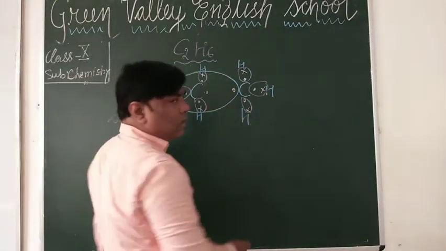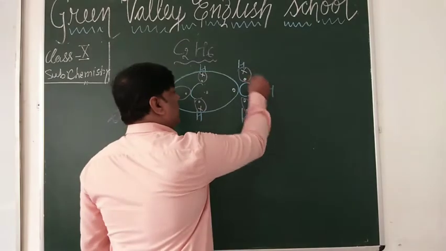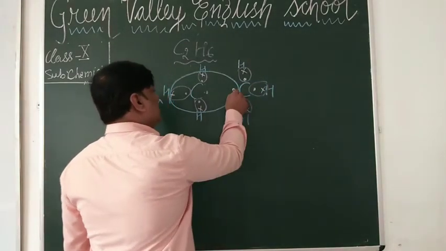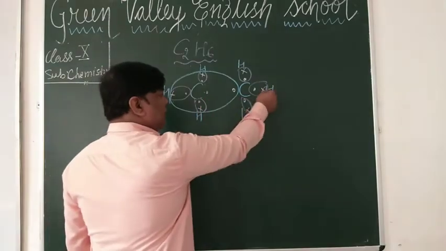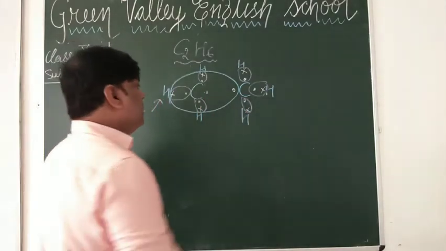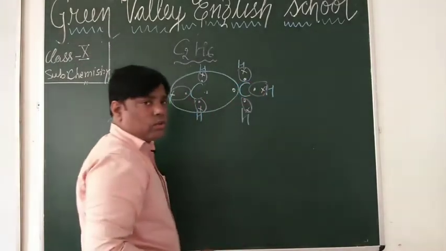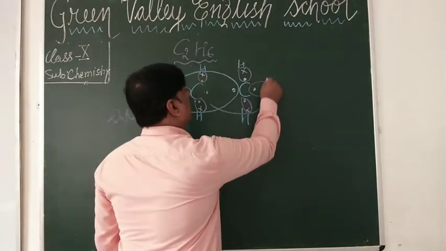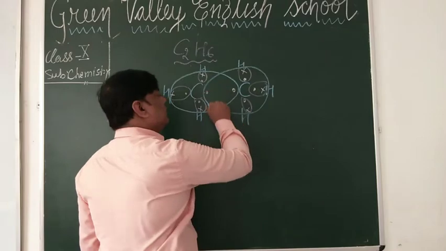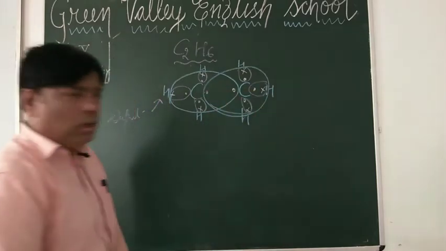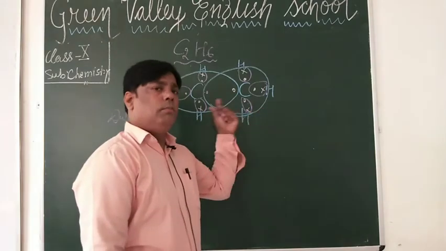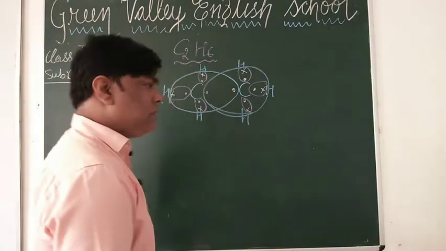What about another carbon? Duplet is completed. 2, 4, 6, and 7 electrons are there. Carbon needs 8 electrons to complete its octet, so it will share 1 electron from here. Now hydrogen and carbon both are in stable state.